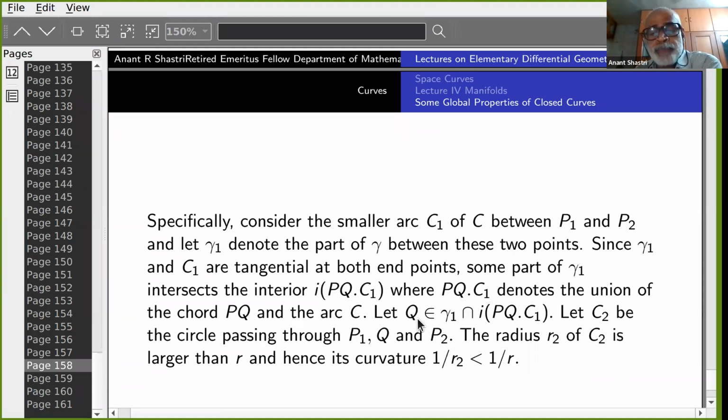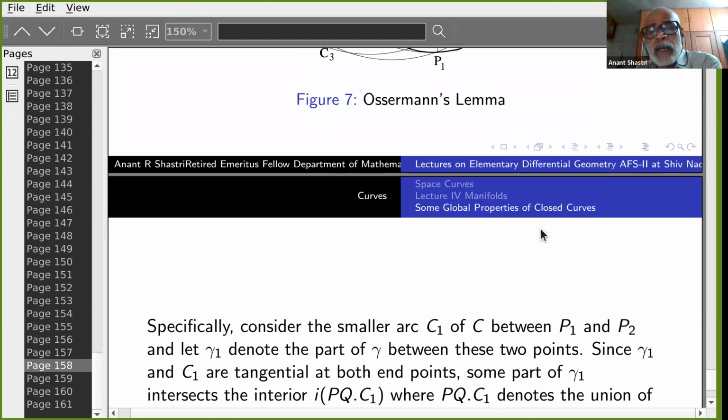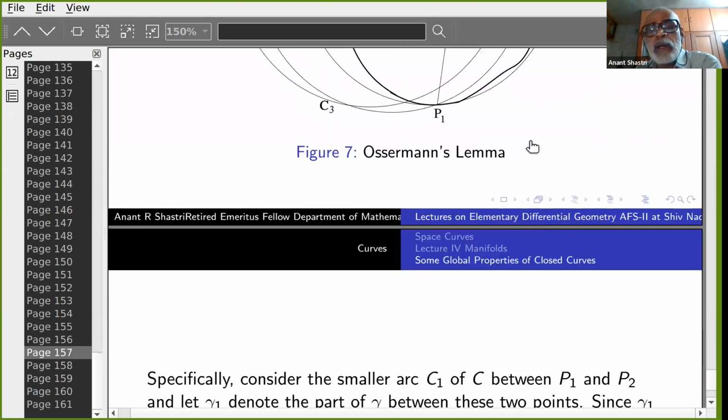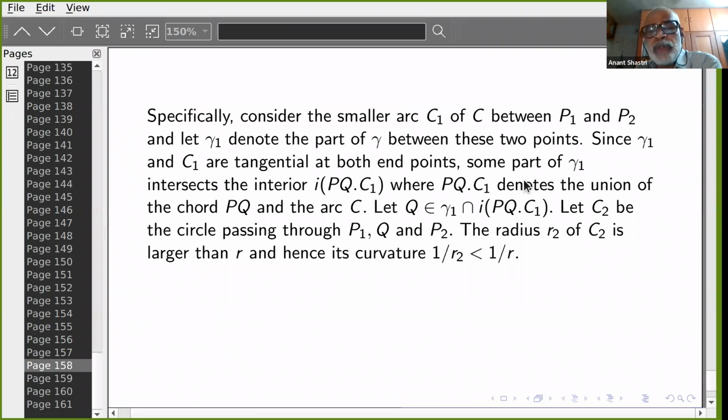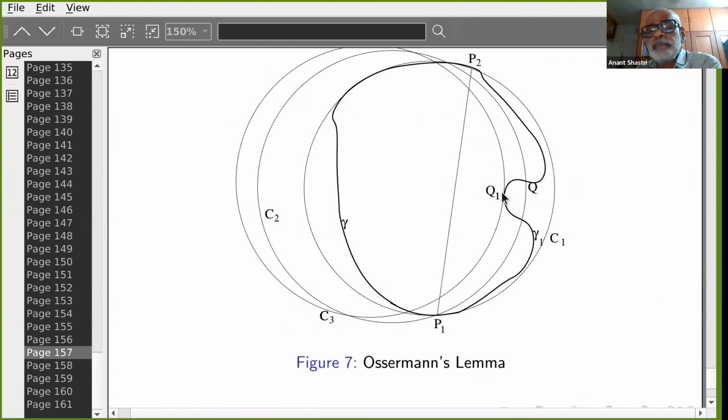Let Q belong to gamma 1 intersection the interior of PQ, C1. That means inside there must be some point here, Q, right? This Q1 is on this curve, but if you take a point in this area of the circle, sorry, this is my Q here, Q1 is something different.